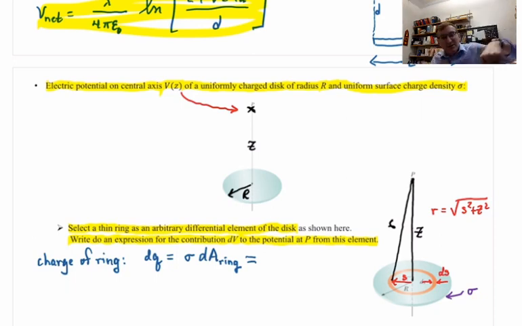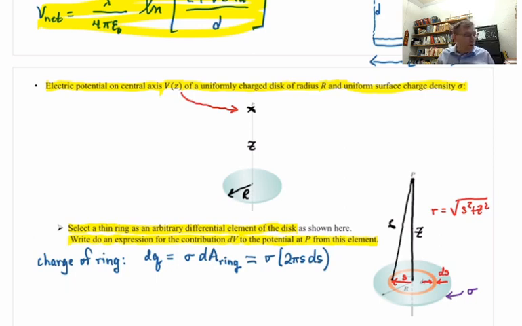You go around once, that's the circumference, and it's got a little bit of width ds. So you take the circumference times ds. So we have sigma times the circumference, which is 2 pi s. Don't say big R and don't say little r, because the radius of the ring is s, times the thickness of the ring, ds.